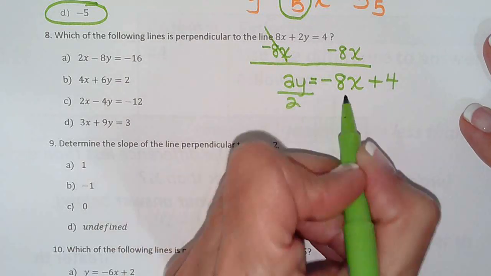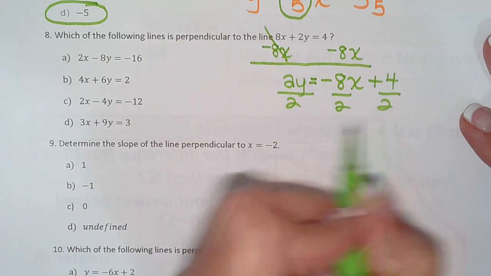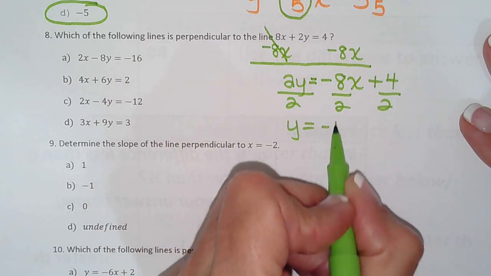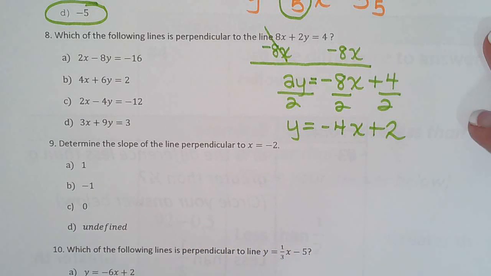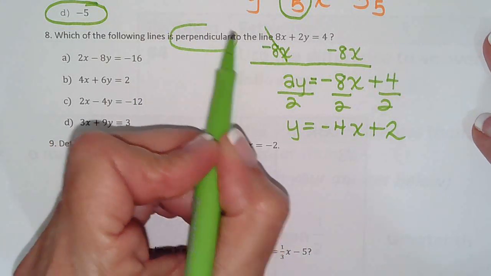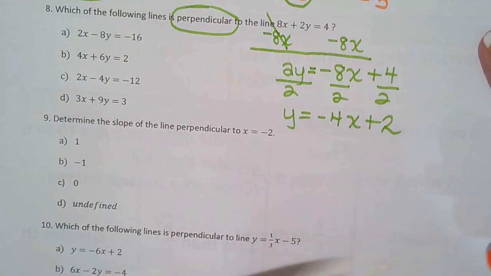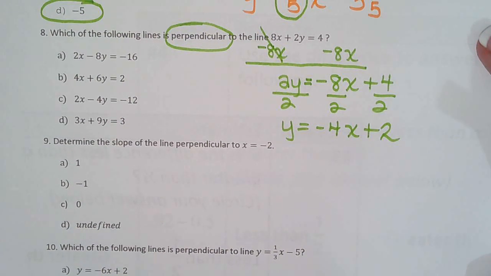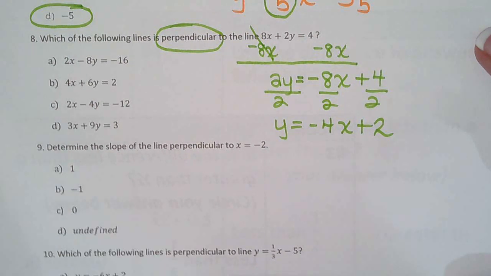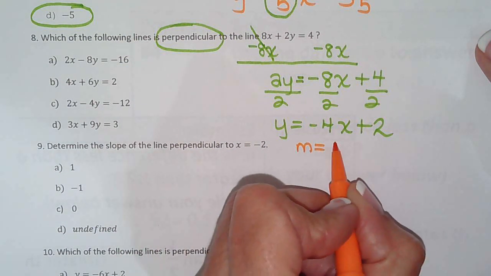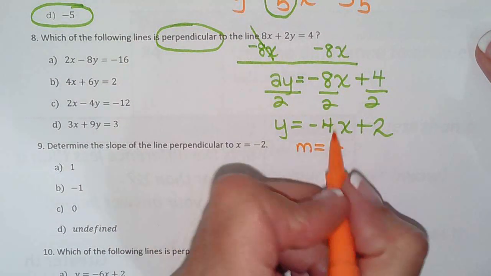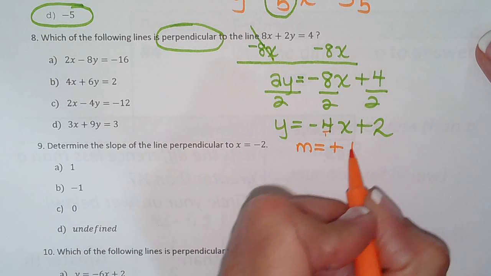Divide everything by 2, and we get y equals negative 4x plus 2. So if it's going to be perpendicular, we need to find a line that has slope of what? M equals, change the sign, positive, reciprocate 4 over 1, and we get 1 over 4.